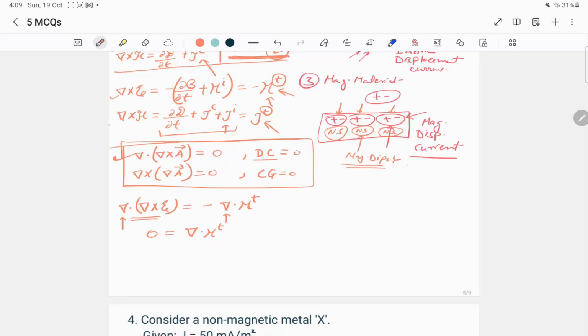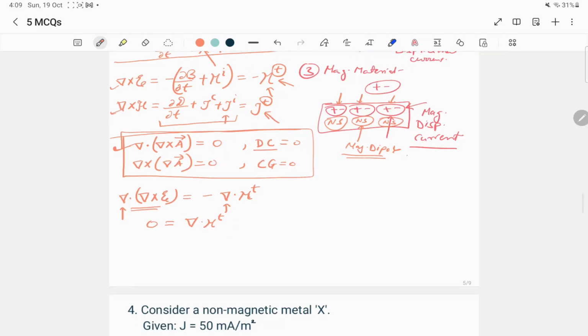Similarly, if you take the divergence of the second Maxwell's equation, which is del cross H, it will become divergence of J total. The left hand side becomes 0, so divergence of JT is 0. Whenever the divergence of any vector is 0, we call that vector solenoidal.